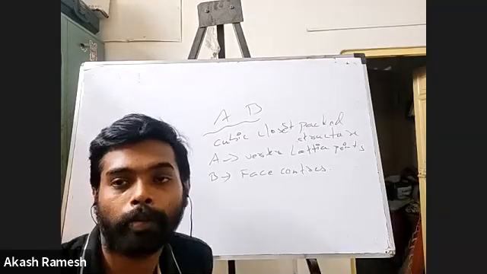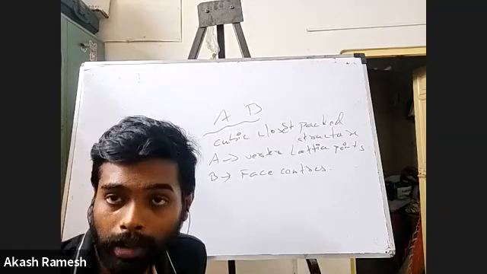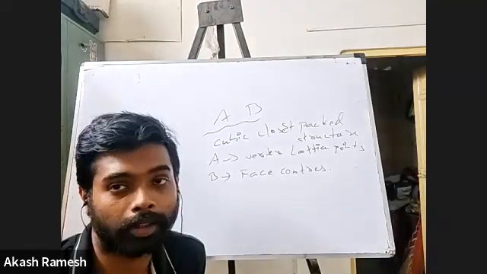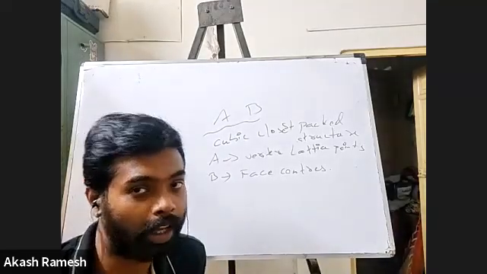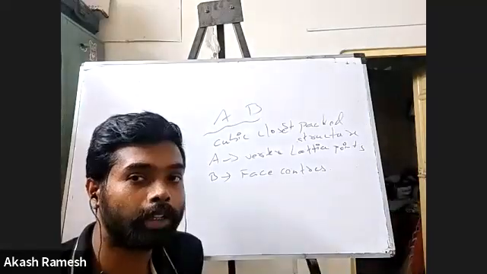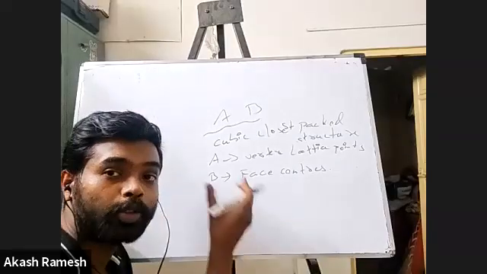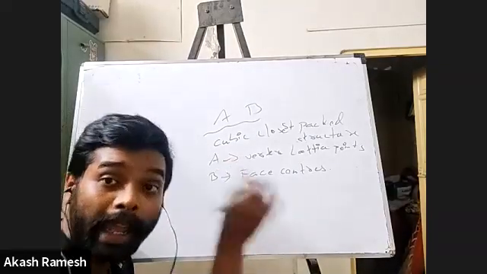So A is occupying all the corner lattice points. That means how many atoms per unit cell will be there for A?